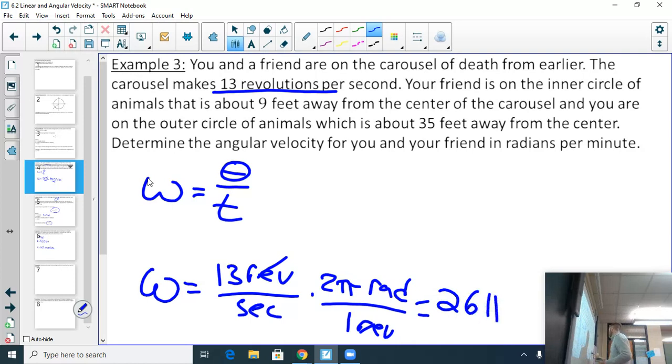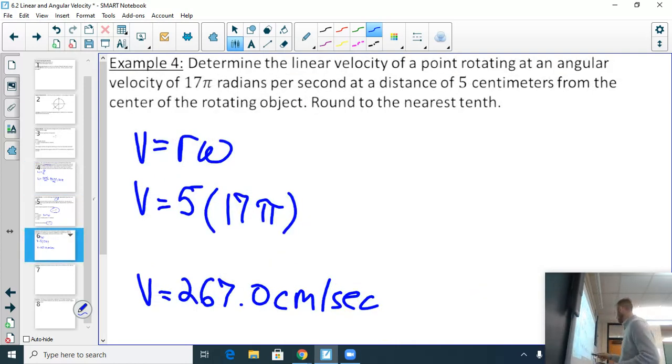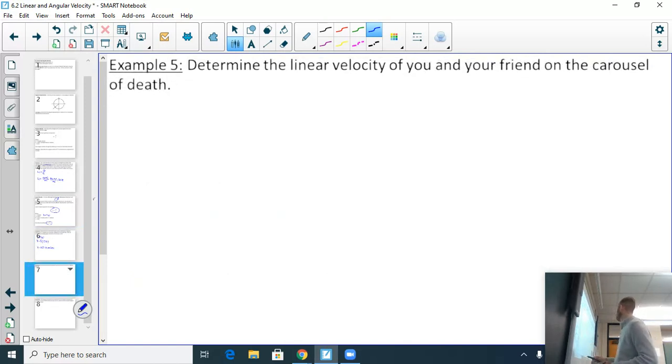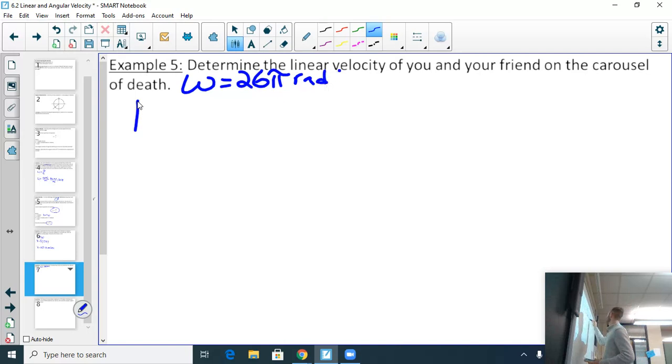So in the other one, we wrote out a decimal, but we could just use 26 pi for this one. So we just found that omega, our angular velocity, is 26 pi, and that was in radians per second.